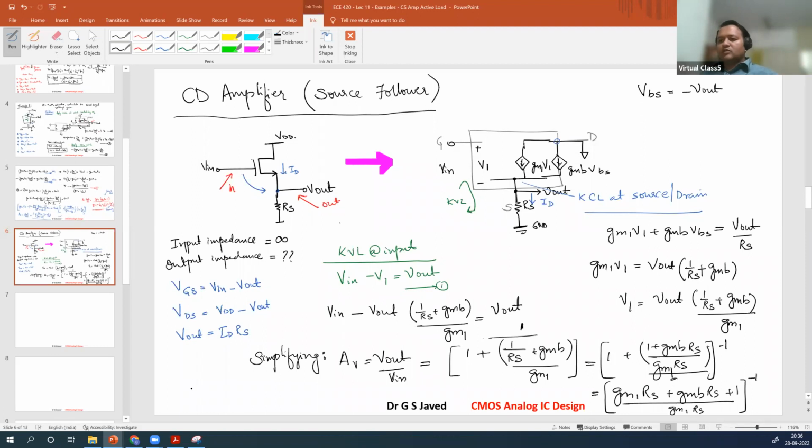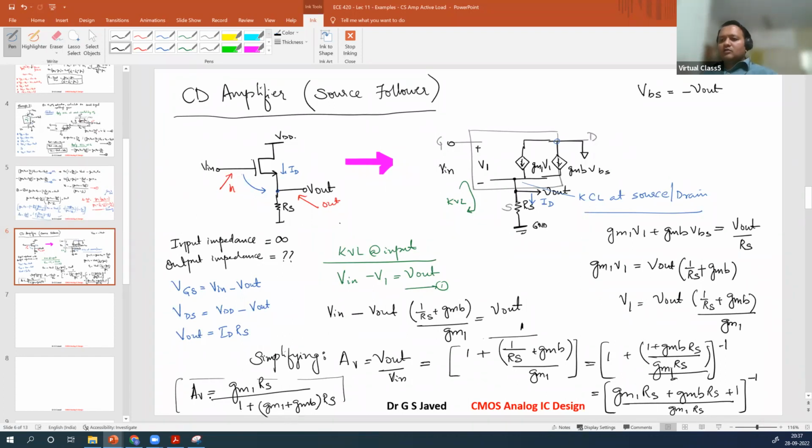Now that value correctly, if you write, which is gm1 RS divided by, if I take RS as common factor, 1 plus (gm1 plus gmb) times RS, right?